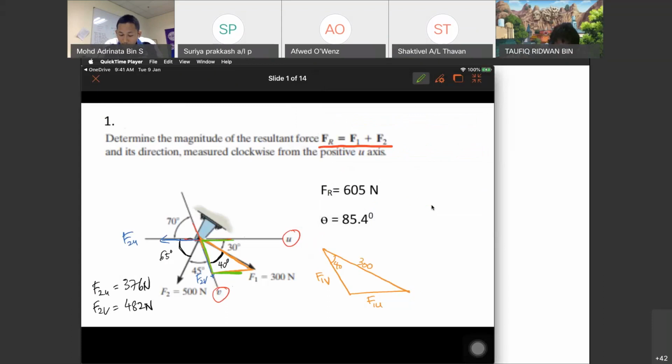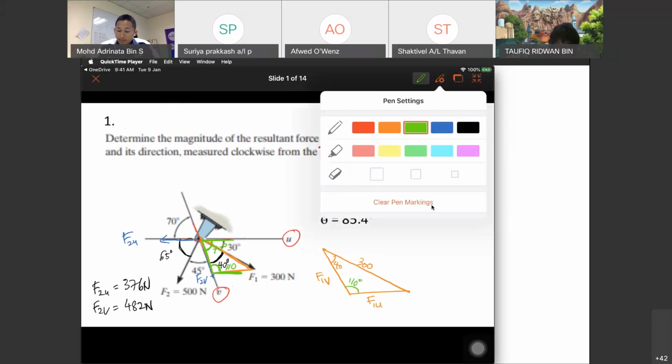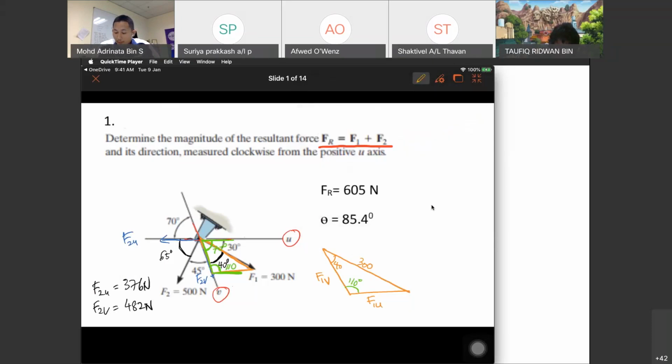Okay, so we have here 70, and we have here 110. So here is 110. So the other one here is 150, 30. So we have it all.